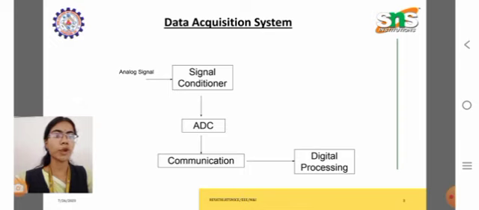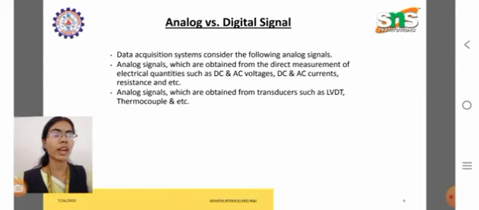This is a simple block diagram of a data acquisition system where the analog signal goes to a signal conditioner, which is further transformed by an ADC, analog to digital converter, and then the communication process takes place and the digital processing takes place. Analog versus digital signals.